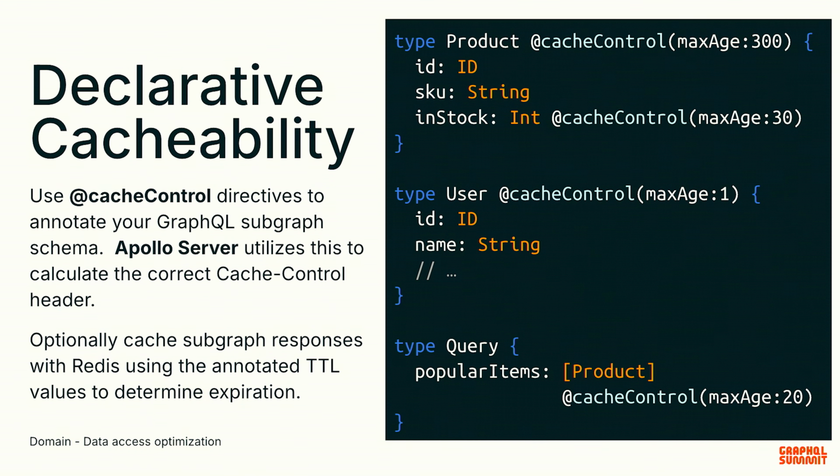So for instance, in this particular example, my product type might be cacheable for 300 seconds, but the in-stock count is actually only cacheable for 30 seconds. And so if I select that in my selection, I need to make sure that the maximum cacheability time is 30 seconds. Does that make sense?